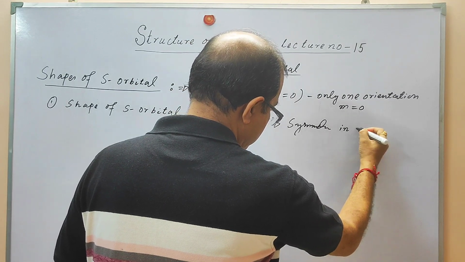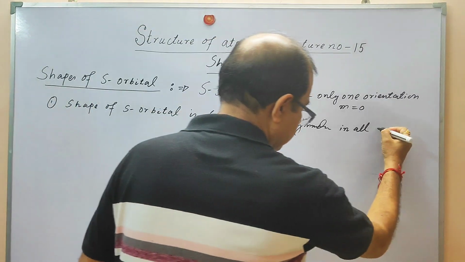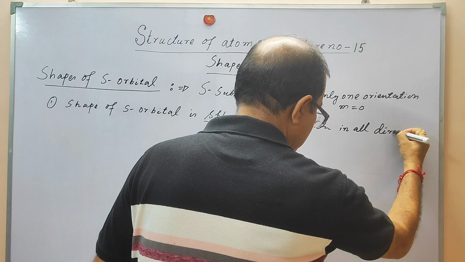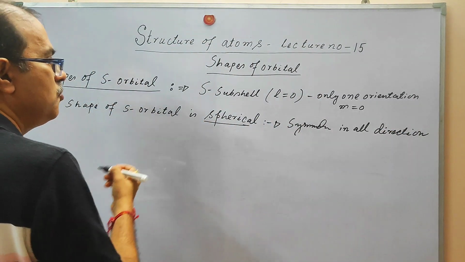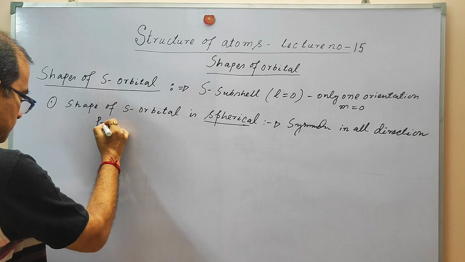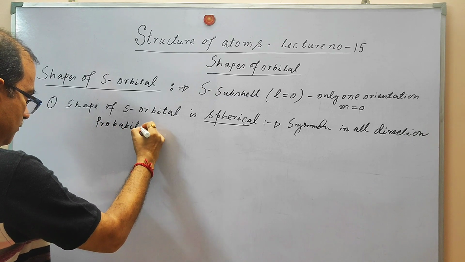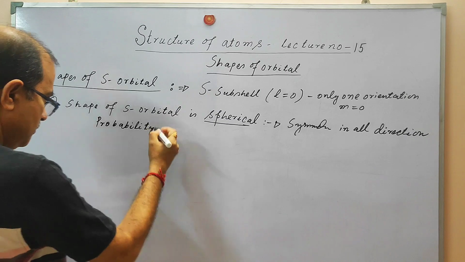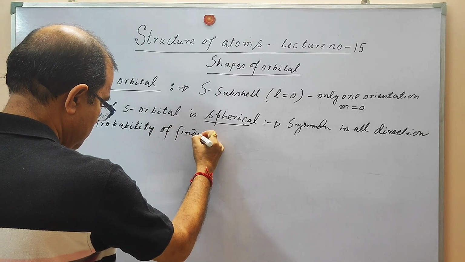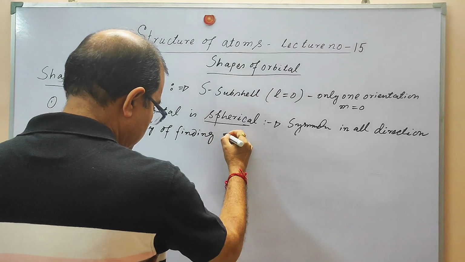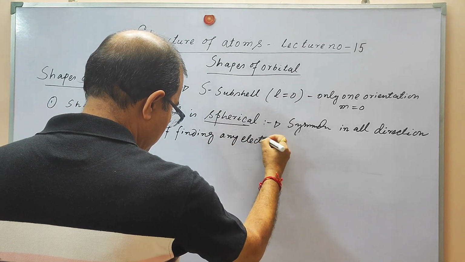So the probability of finding an electron is equal in all directions.